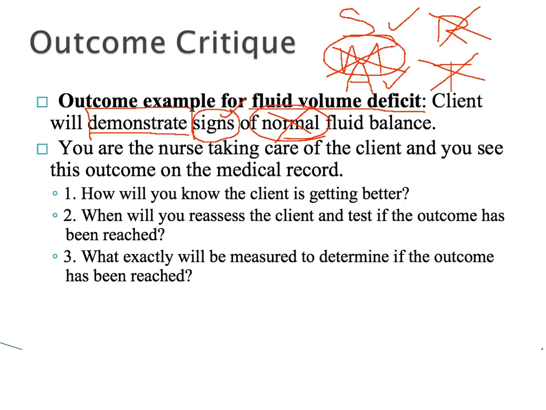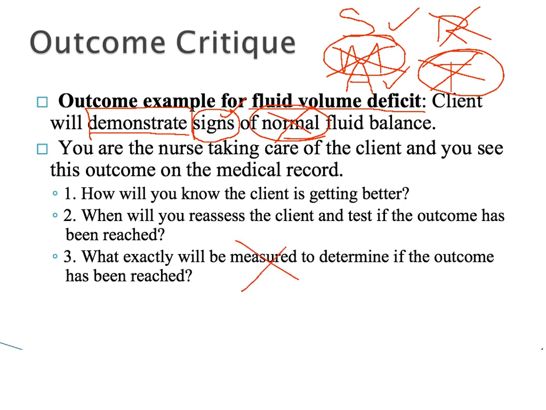So you think about this for yourself. You're the nurse taking care of this client, and you see this outcome in the medical record. How will you know the client's getting better? I don't know, because the outcome doesn't say. When will you reassess the client and test if the outcome has been reached? Don't know, because again, that time reference is missing. What exactly will be measured to determine if the outcome has been reached?